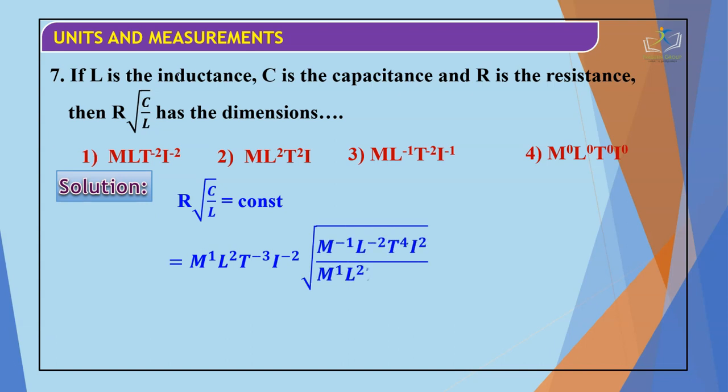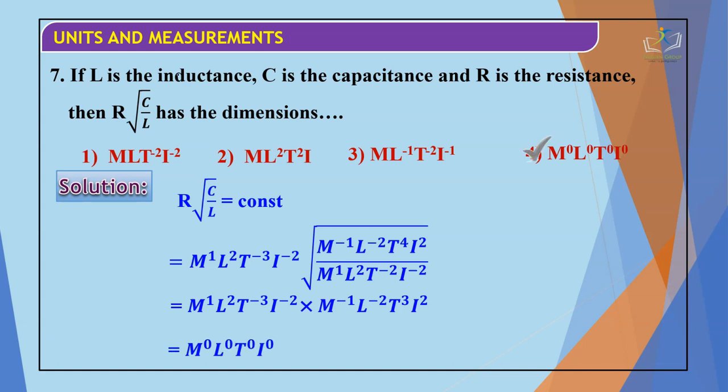So m1 L2 t minus 3 I minus 2 is with under root m minus 1 L minus 2 t4 I2 by m1 L2 t minus 2 I minus 2. So this is m1 L2 t minus 3 I minus 2 into m minus 1 L minus 2 t3 I2. After putting all these values, we get the dimensionless quantity again. So accordingly, the fourth option is the right answer.